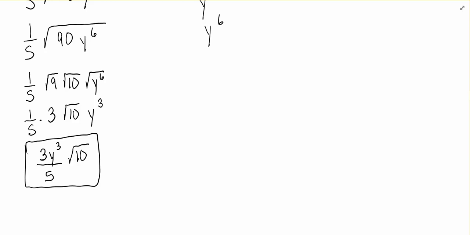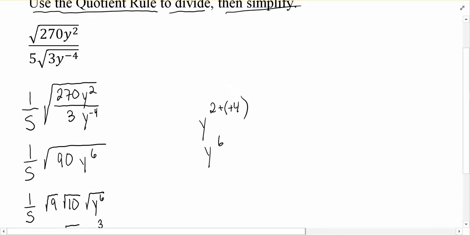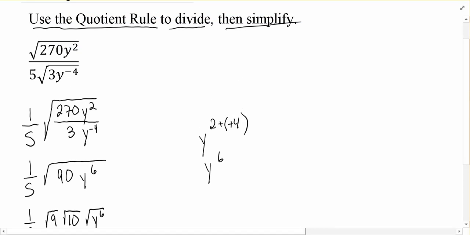So again, going back to the top where we had the directions written out, use the quotient rule. That was this step here, where all we did at that first step was write a single radical instead of a radical on the top and the bottom.